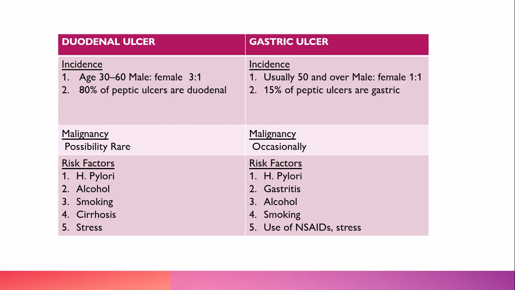Now malignancy, the chances of turning into cancer. In duodenal ulcer, the chance of turning into cancer is rare, whereas in gastric ulcer, the chance of turning into cancer is actually more than in duodenal ulcer.